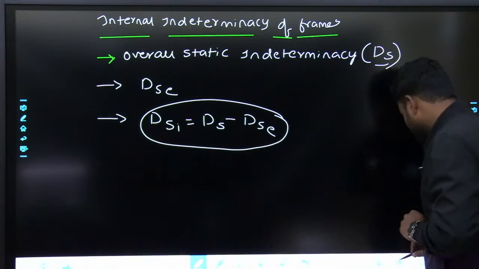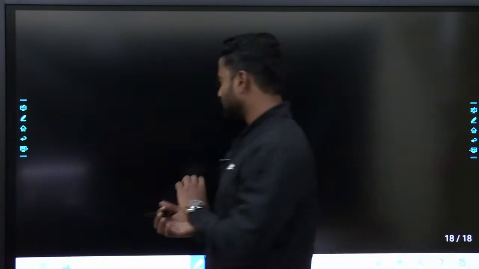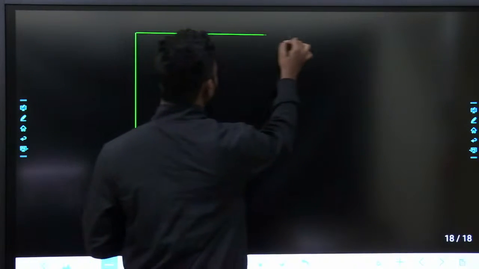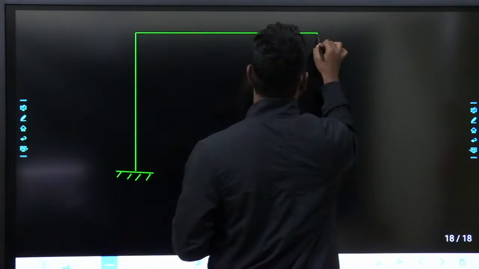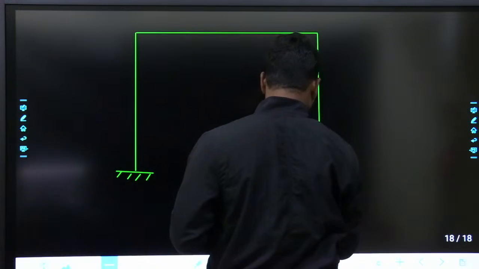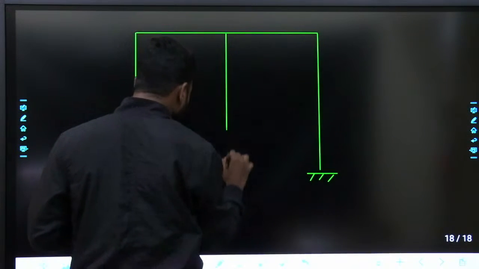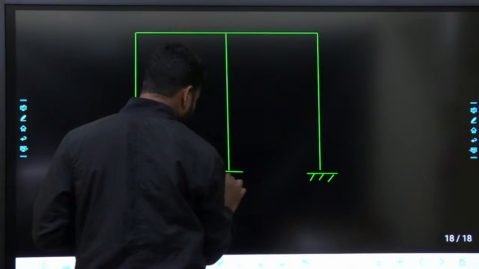So the first and basic simple case I am taking, not giving you much trouble here, but don't think all the problems will be like this.